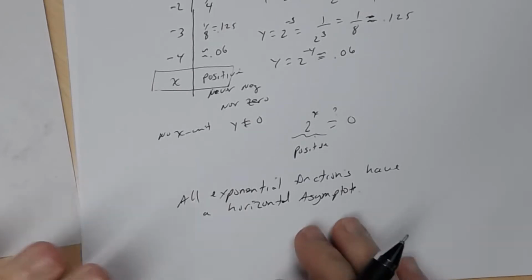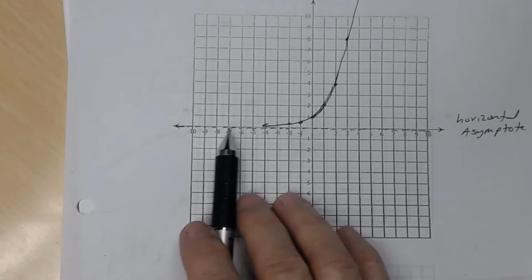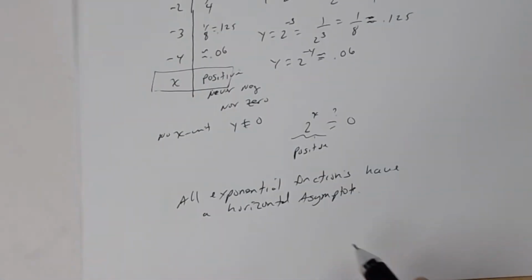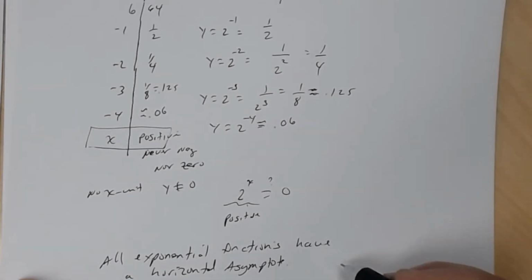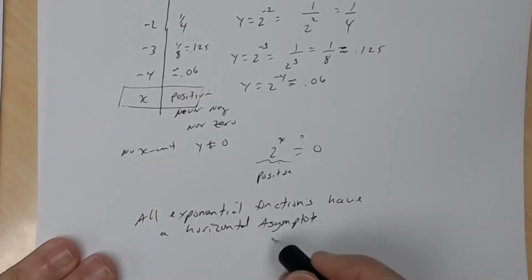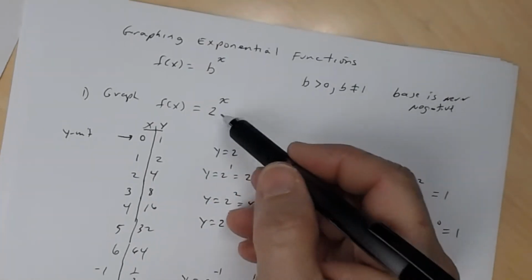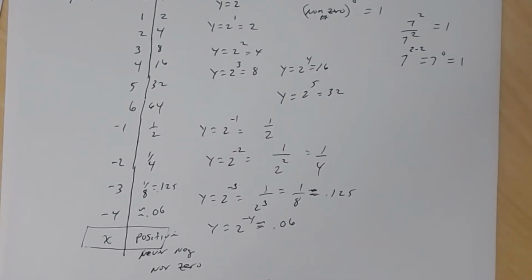All right. So in this case, your x-axis is your horizontal asymptote. Now, whenever naming the horizontal asymptote, remember that naming a horizontal line, you're going to say y equals. So in this case, your horizontal asymptote is y equals 0.